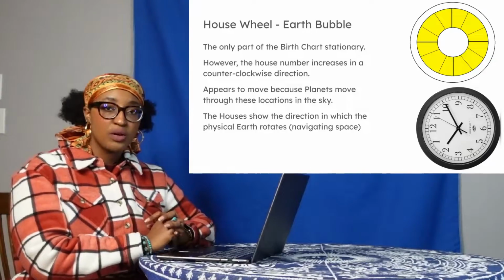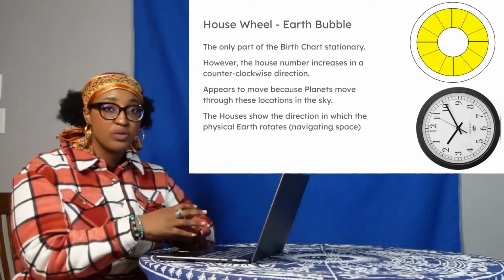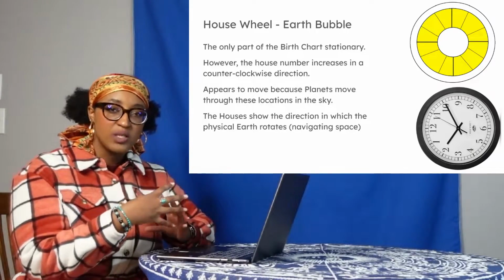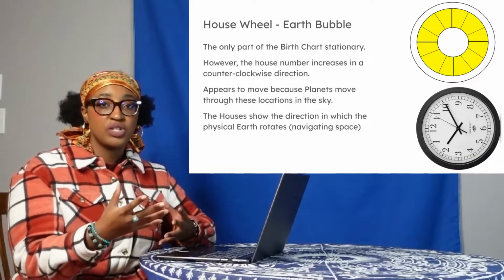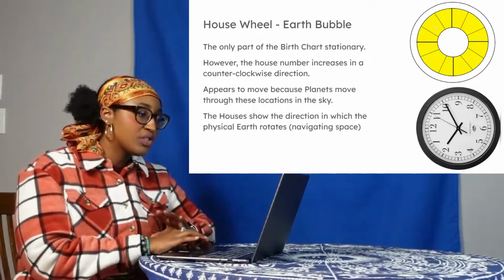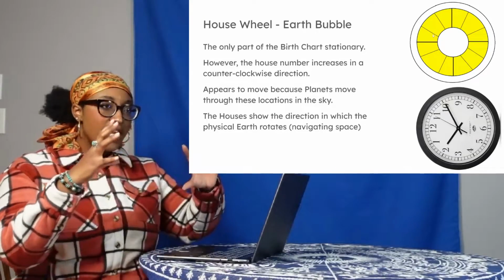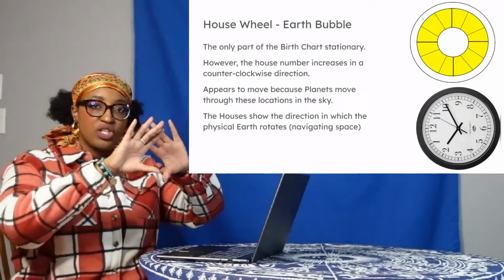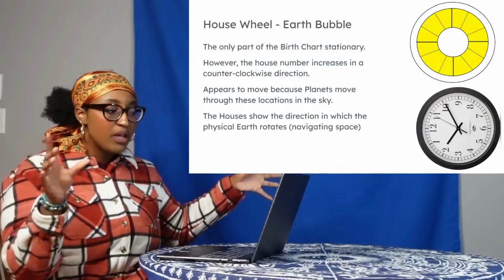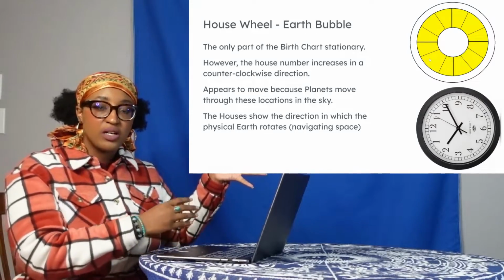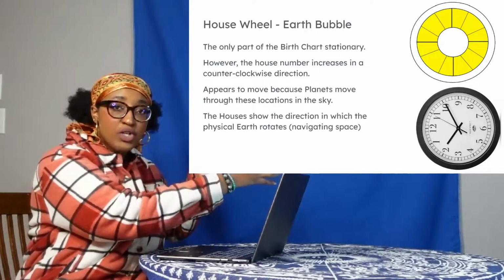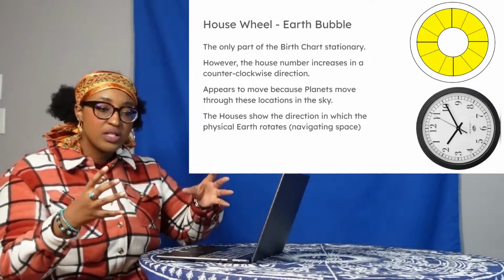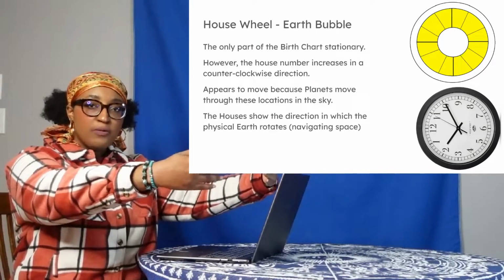And to go further about looking at this as two-dimensional, I'll bring this more clearly in a visual aspect when I bring it into 3D and look at it from Earth. But this Earth bubble is like the solar system, and the Zodiac Wheel is like the universe, or like the backdrop, and the planets and sun move across this backdrop, and it appears to move through these different areas that are projected from Earth.